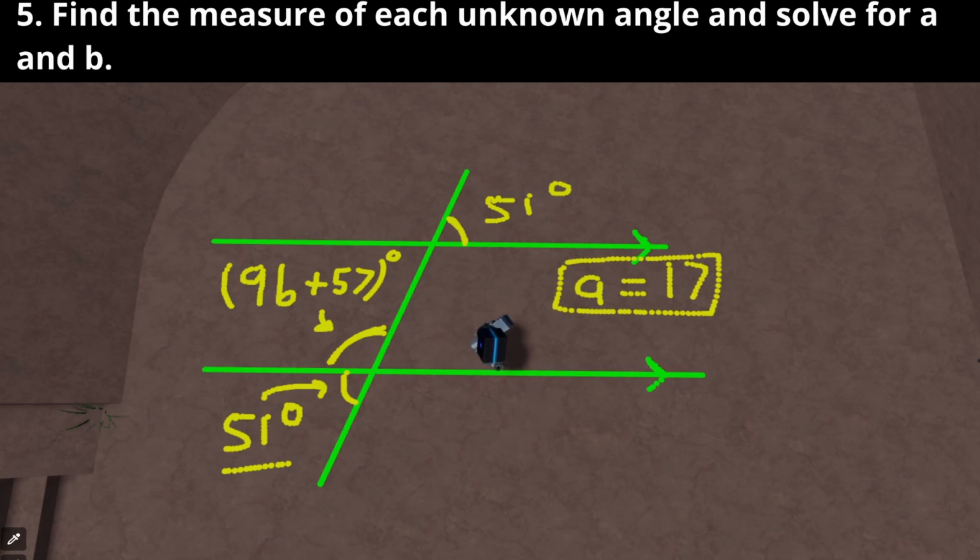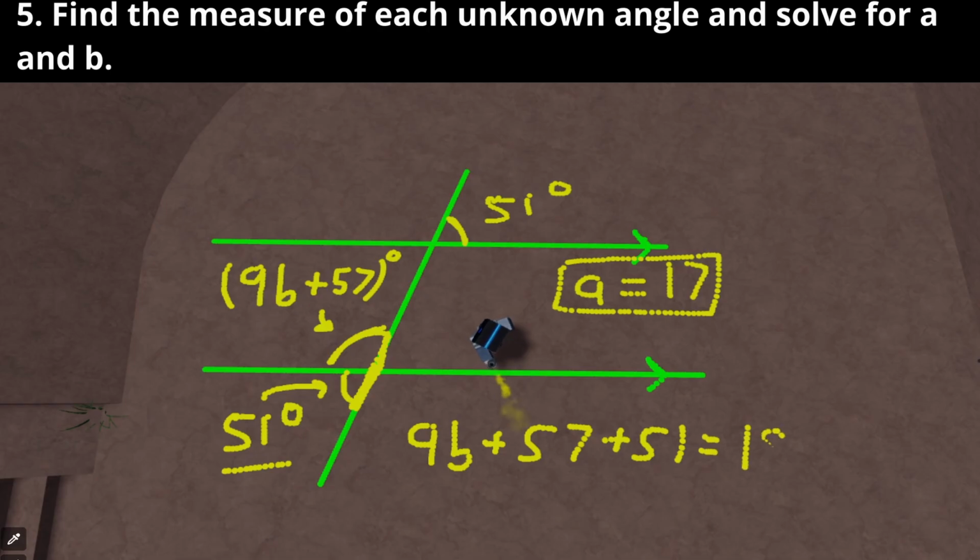Now, how can I solve for b and what 9b plus 57 is equal to? Well, I know that 9b plus 57 and 51 are supplementary angles. Therefore, I can write 9b plus 57 plus 51 is equal to 180 degrees.